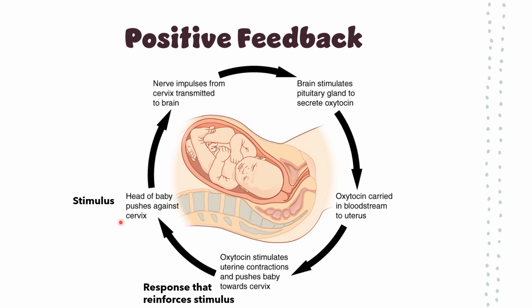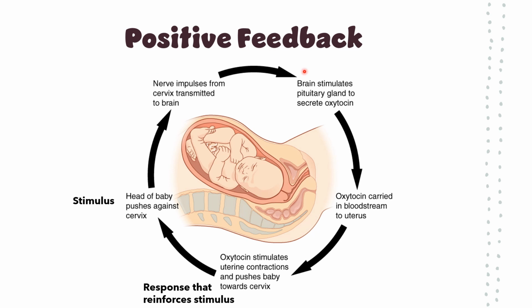We want this stimulus to continue to happen. And this is important in this scenario, such as childbirth, because we want this baby to be born. If we were counteracting this stimulus, that would mean that the baby isn't being pushed out of the cervix. So in some cases, we have to have positive feedback, and that is pushing our body further outside of its normal range.